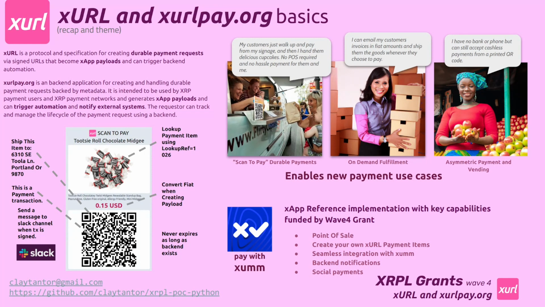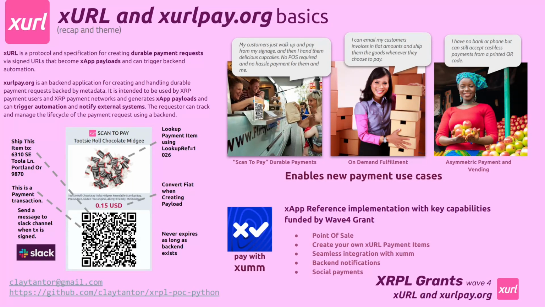And then XURLpay.org is a backend that implements that and provides an API for other users to leverage that protocol. And XURL has a whole set of metadata that allows a backend essentially to generate a ZAP, XApp, XUMM deep link. That's essentially what it is.